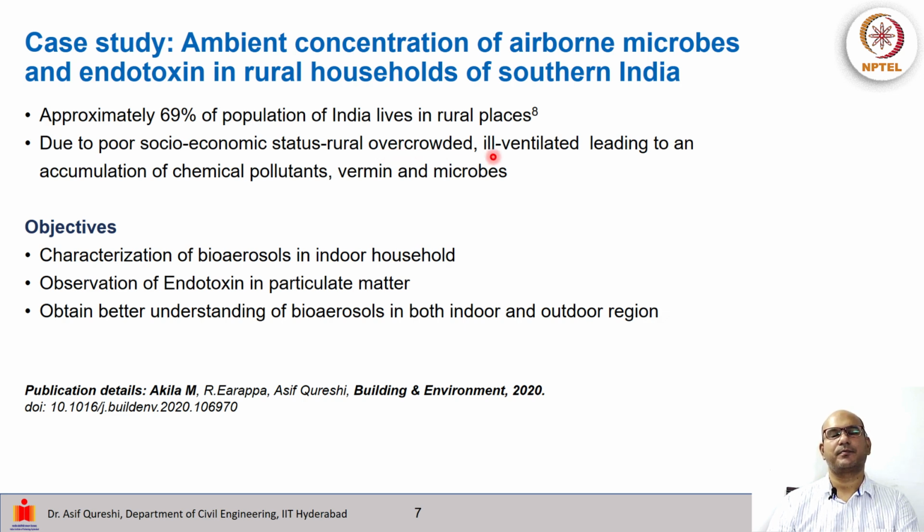In some places, depending on how the houses are, if they are very small houses, the houses may be ill ventilated. And this overcrowdedness and ill ventilation may lead to an accumulation of chemical pollutants in the indoor air, accumulation of vermin and the microbes.